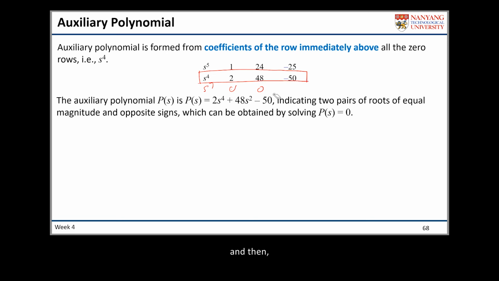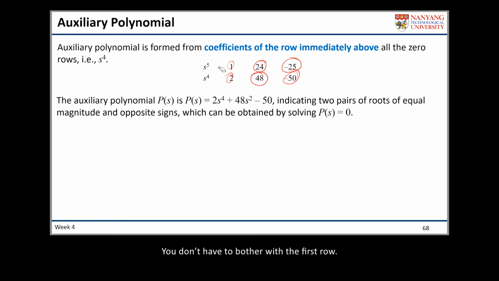And then you need to form the auxiliary polynomial from that row, from the s4 row. How to do that? Let's take a look at this. When we formed the Routh array, you still remember this value 1 is coming from s5, 2 is coming from s4, 24 is coming from s cubed, 48 is from s squared, negative 25 is from s, and minus 50 is the constant coefficient.